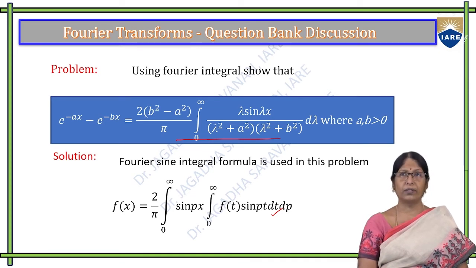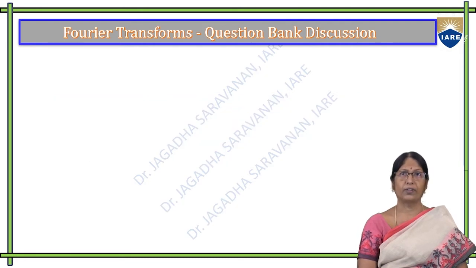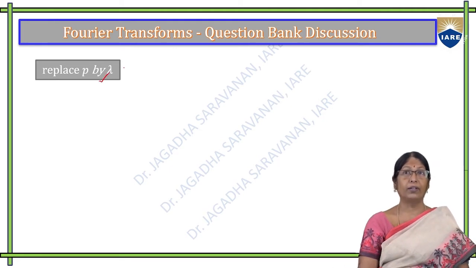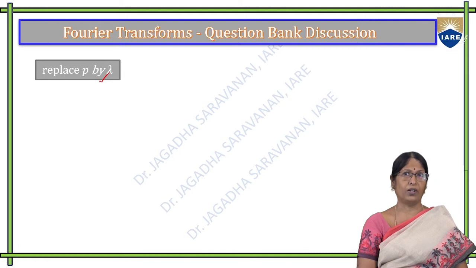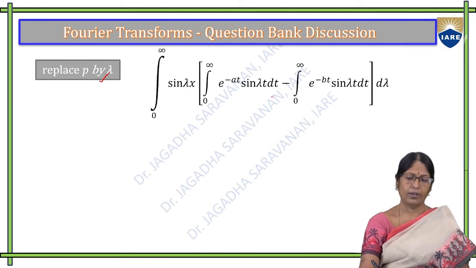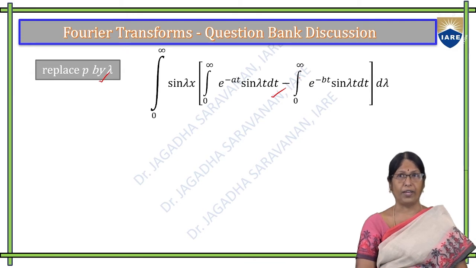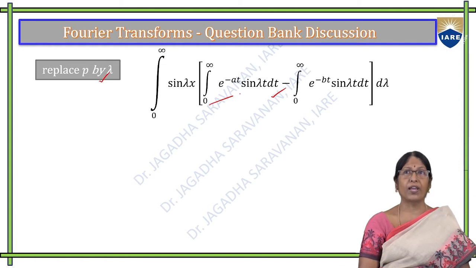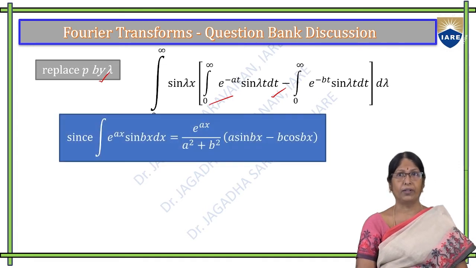Even the variables differ, and for that we want lambda. So what are the steps to obtain the result? Replace p by lambda. After taking this step, this is what we obtain. Then we have to do the integration.